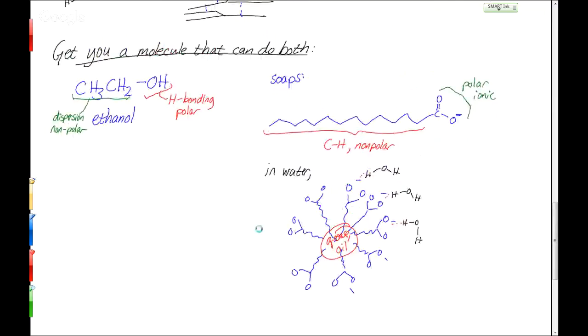So we have this saying that is in the book that says like dissolves like. Have you heard this before? Like polar things dissolve polar things, nonpolar things dissolve nonpolar things. And we'll check that in lab today too with some examples. But I want you to think about it in a little bit more complicated terms than that. It's like dissolves like with respect to intermolecular forces, not just polarity.